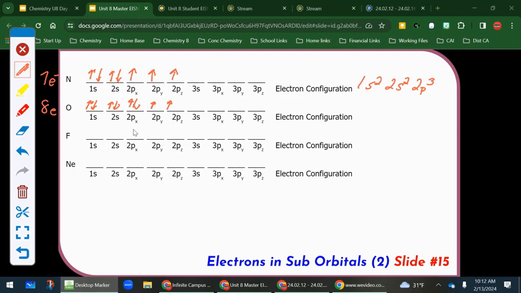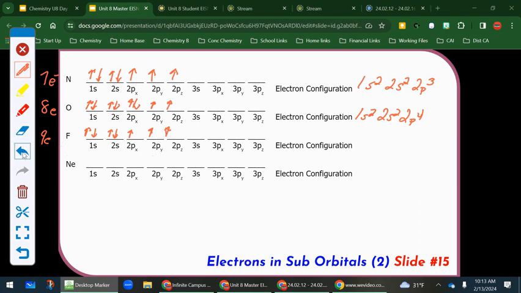Because it's a higher energy level. It would take more energy to do it. They go to the lower energy. Configuration. 2p4.